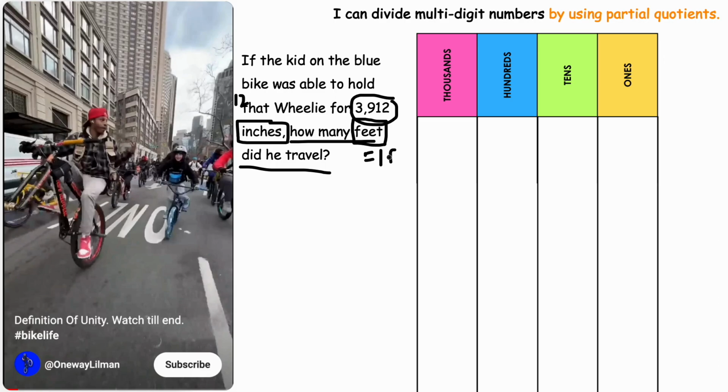Go ahead and write that down. So 12 inches in 1 foot. And so that tells me that I am going to be dividing 3,912 divided by 12.